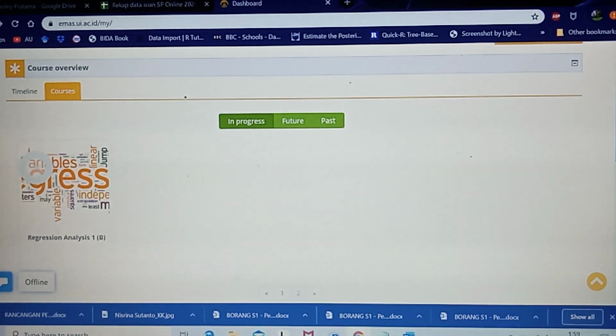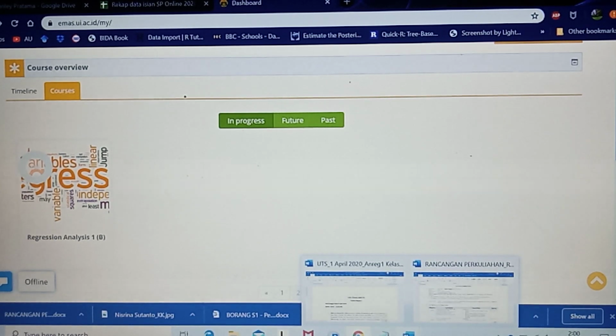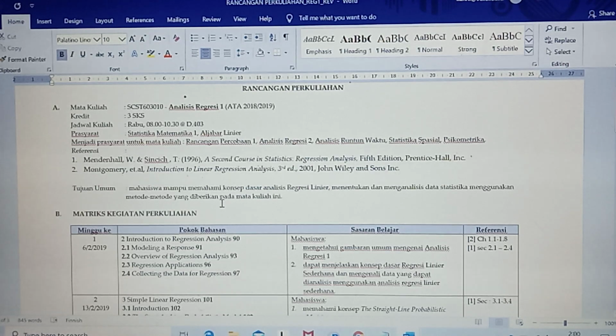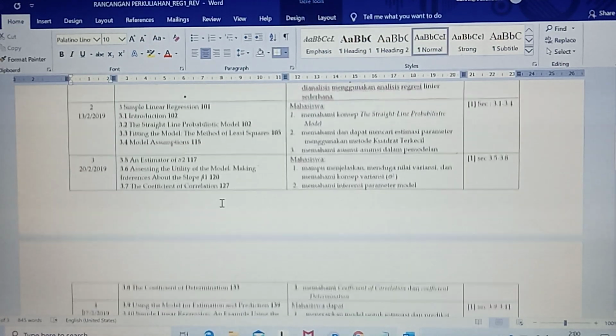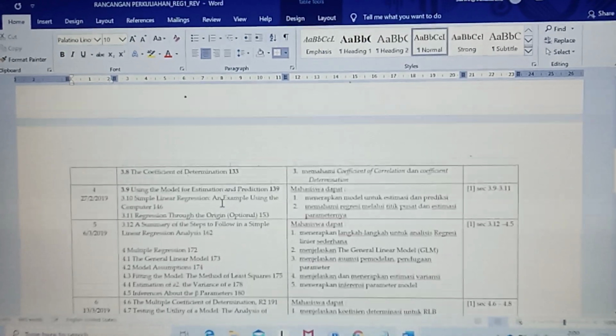Before we start the lecture today, I just want to remind you about the scheme or the design of our lecture. If you may remember, we have this file that we need to discuss every week.